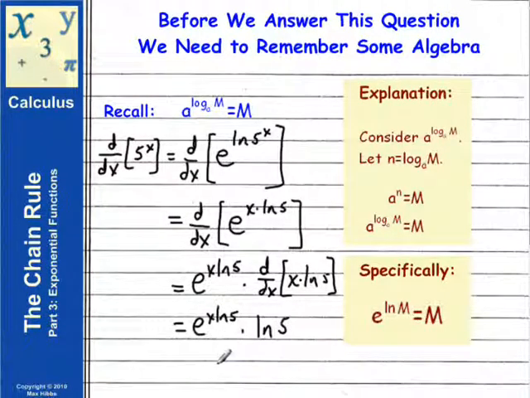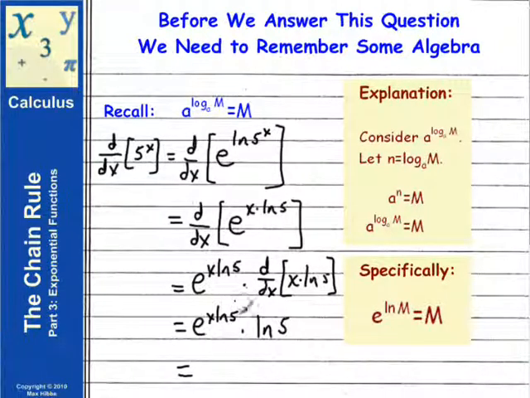Now we have one more thing to do before we have actually calculated this derivative and written it in the form we want, and that's to recognize, let's go way back, e to the power x natural log of 5 is the same thing as e to the power natural log of 5 to the x. And we just discussed that e to the natural log of 5 to the x power is simply 5 to the x.